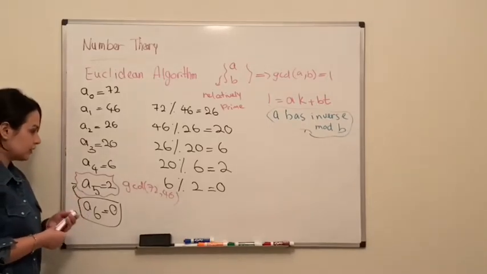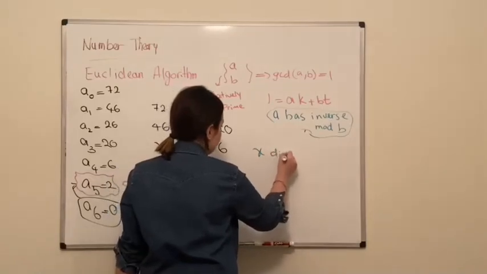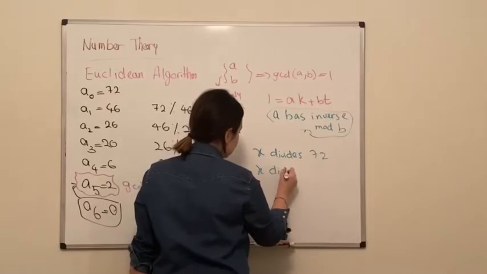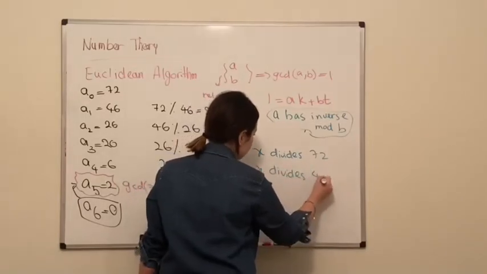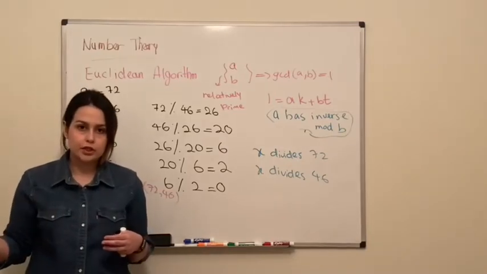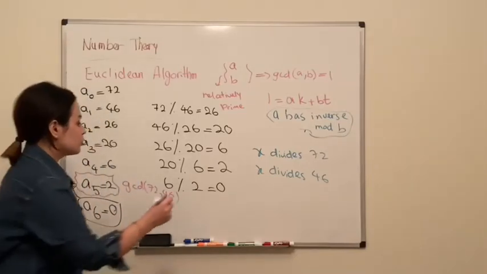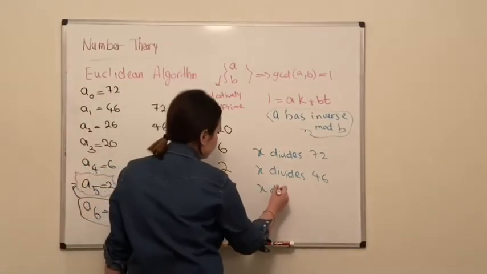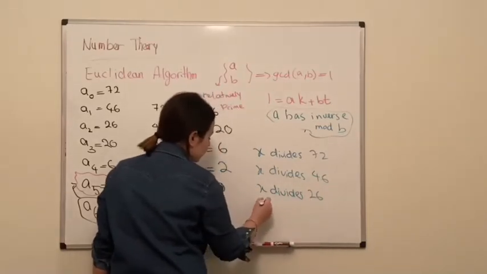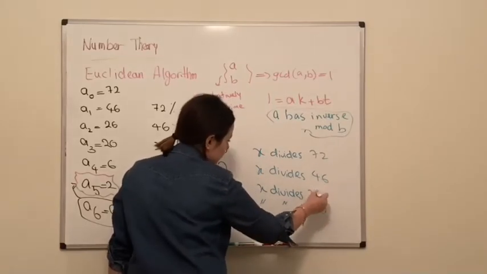Now, let's assume that I have x such that x divides 72 and x divides 46. I know when something divides two numbers, then it must divide the subtraction of those. So x must divide 26, and x must divide 20, because it divides 46 and it divides 26.